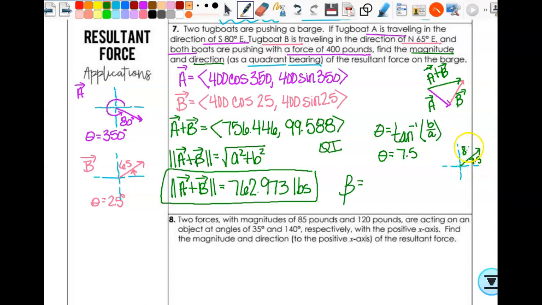Good, so it'll be 82.5 here. So my bearing will be north 82.5 degrees east. And when you type in the bearings, if you're doing a bearing like this, leave off the degree sign when you type it in. And this is all smushed together. There's no spaces. Just cram it all together. Okay, everybody okay with that? Questions? All right.